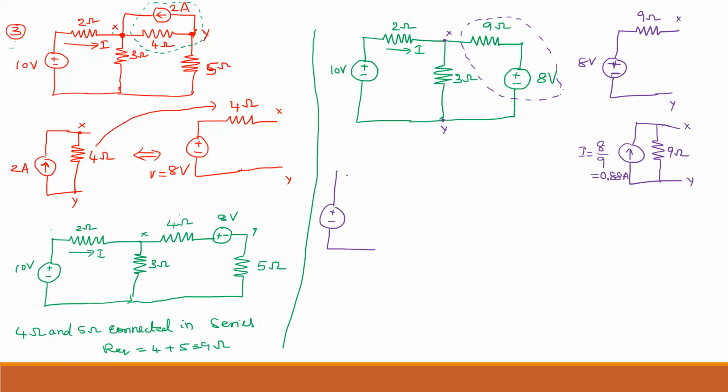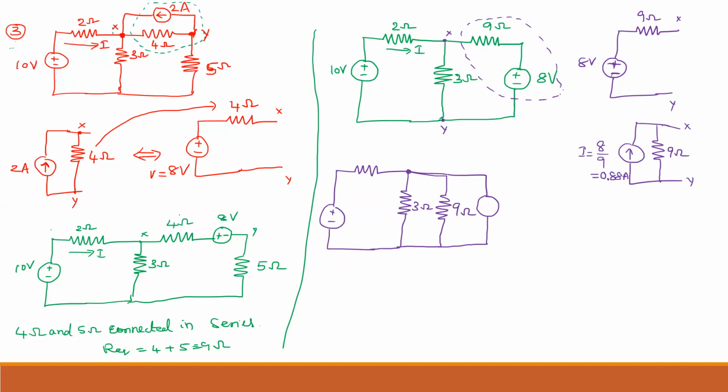Now you connect the same terminals over here, positive, negative, resistor. The X and Y terminals are marked between these two, the 3 ohm resistor. So in between that X and Y, one 9 ohm resistance is connected, and the current source is connected. Now see the current direction.